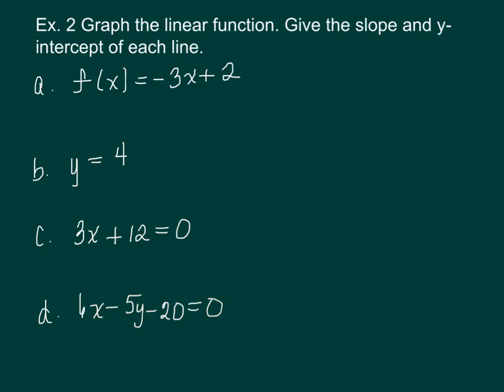Okay, example 2, we're going to be graphing the linear function. They want us to give the slope and the y-intercept of each line. So for the first one, example 2a, it's already in slope-intercept form. So what you do first is you plot your y-intercept, which is 2.